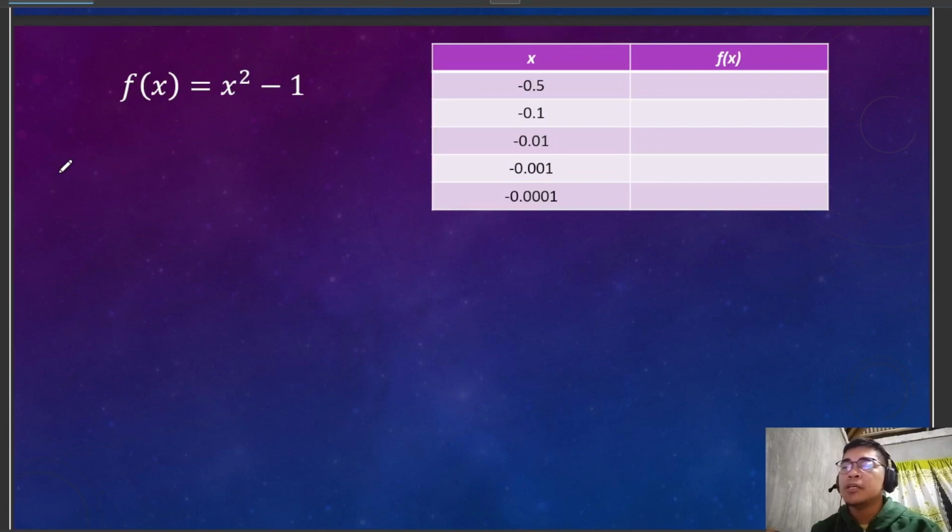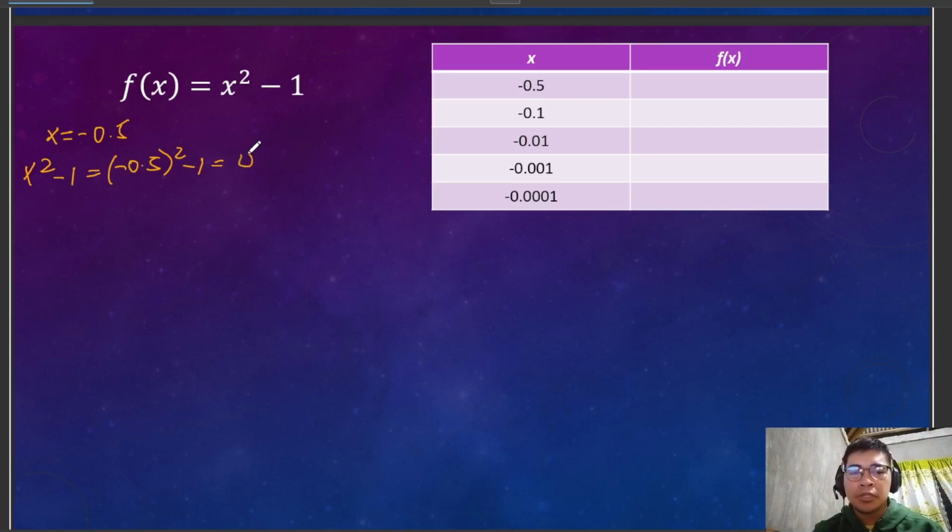So, here, our x is equal to negative 0.5. So, x squared minus 1 is equal to the square of negative 0.5 minus 1. And the answer is what? 0.25 minus 1, I think negative 0.75. Okay?